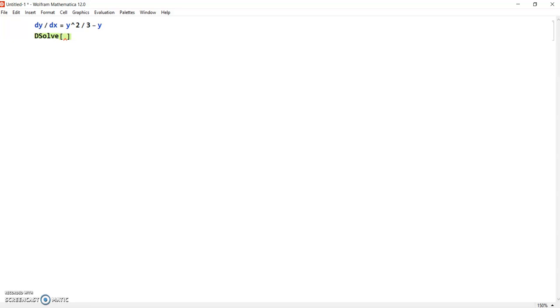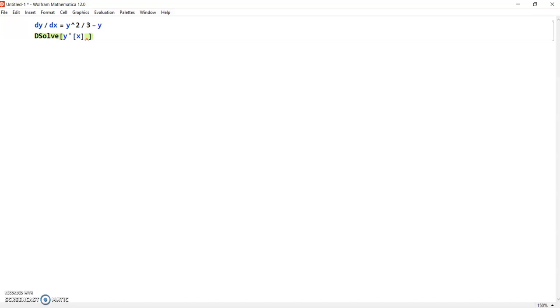The differential equation has to be entered in function form. What I mean is that you will write y as a function of x, and dy over dx as y prime as a function of x. Since this equation starts from dy over dx, I will write y prime, and then bracket x.